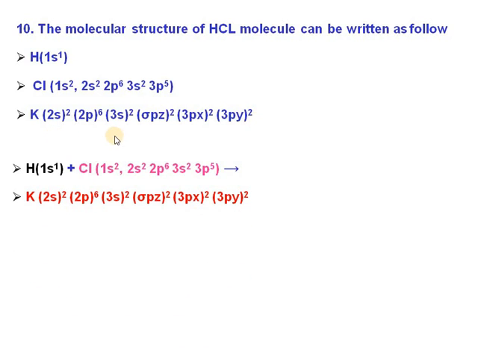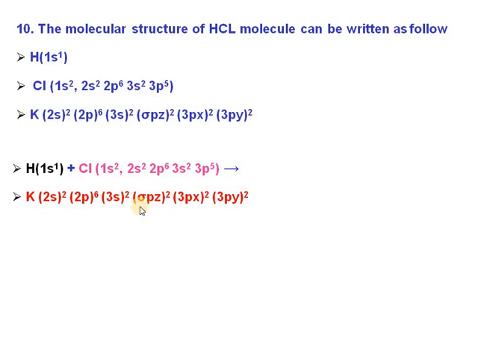Hence the atomic orbitals of hydrogen and chlorine combine as hydrogen 1s1 plus chlorine 1s2, 2s2, 2p6, 3s2 and 3p5 to get the corresponding molecular orbitals 2s2, 2p6, 3s2, sigma pz2, 3px2 and 3py2.